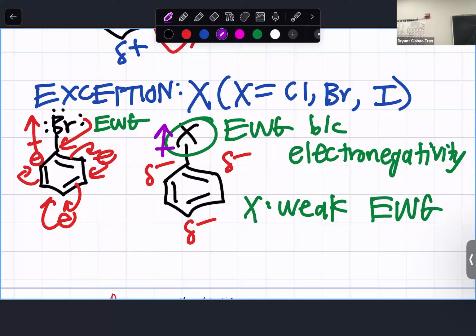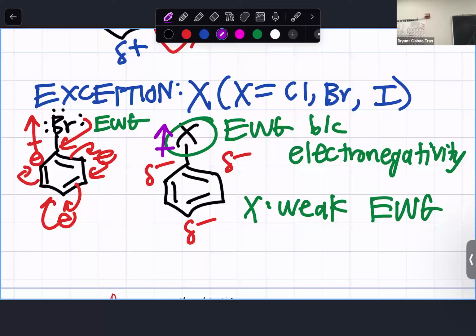Right, it's an EWG because it withdraws electrons through induction, but it acts as an EDG because it directs the electrophile in ortho or para. It's an ortho para director. So when you resonate, it's an EDG because it's donating its electrons into the ring. Okay, but the induction effect in this case overpowers the resonance, which still makes it an EWG.